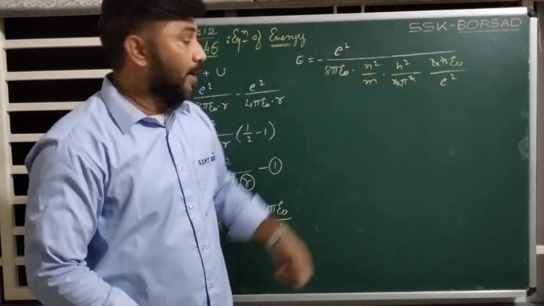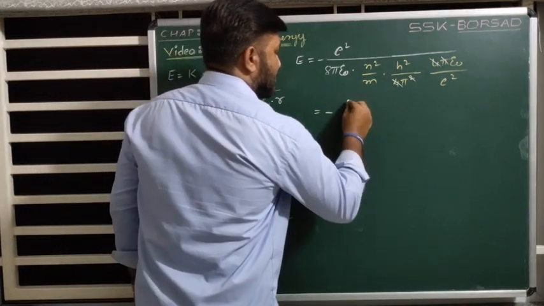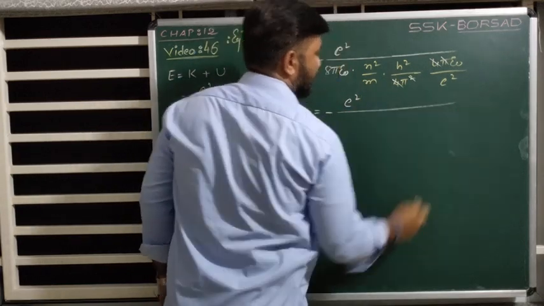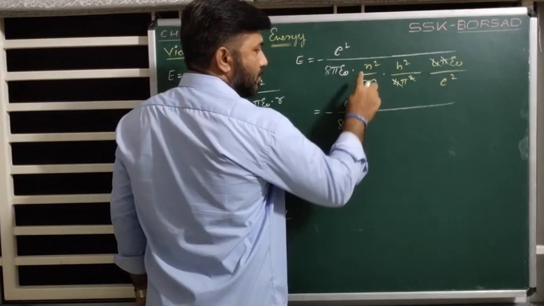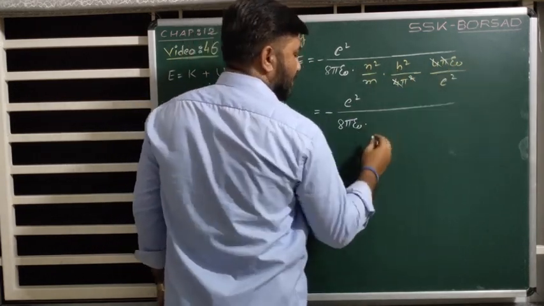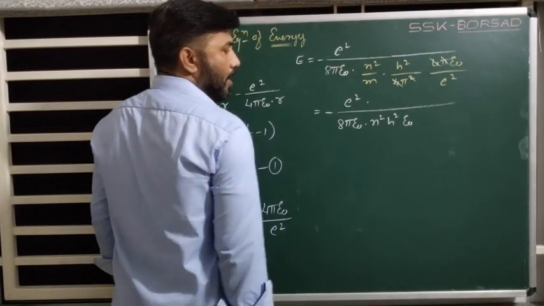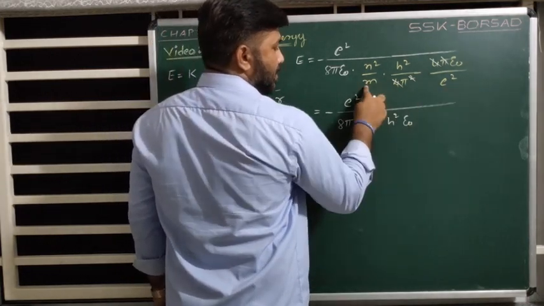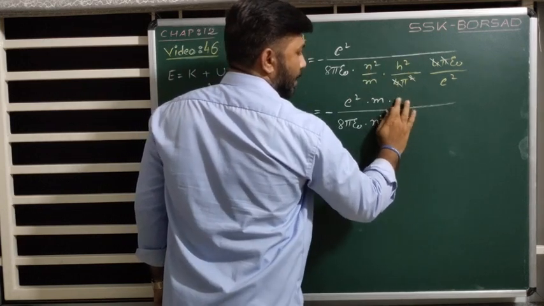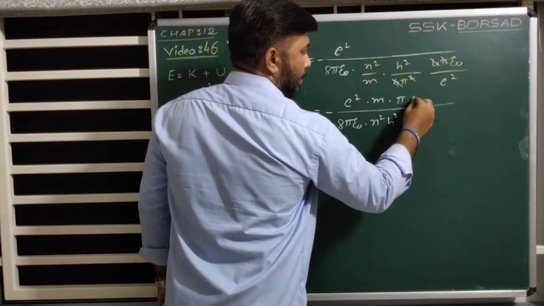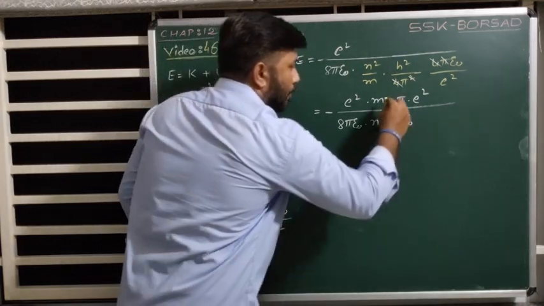Denominator terms go to the numerator. So we have E is equal to minus e square as it is, upon 8 pi epsilon 0 as it is, then n square h square epsilon 0 in the denominator, and m, pi and e square go up. So here again pi will cancel out.